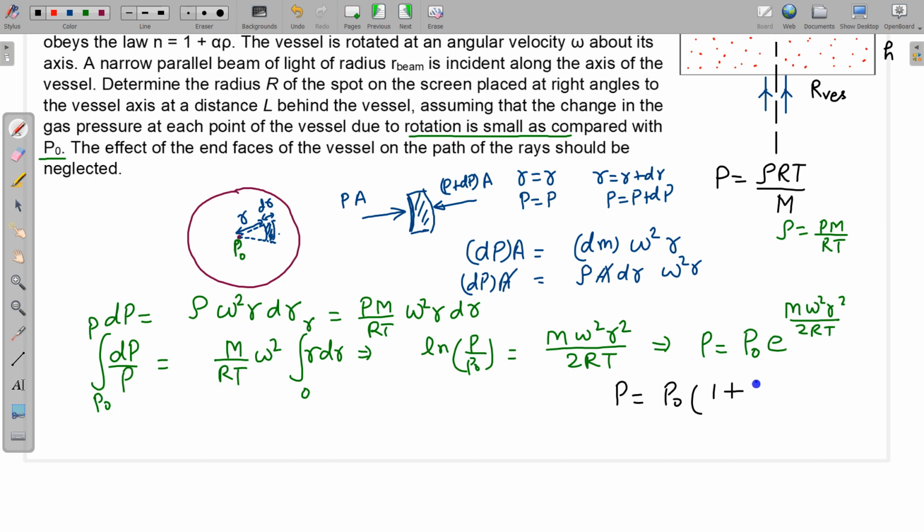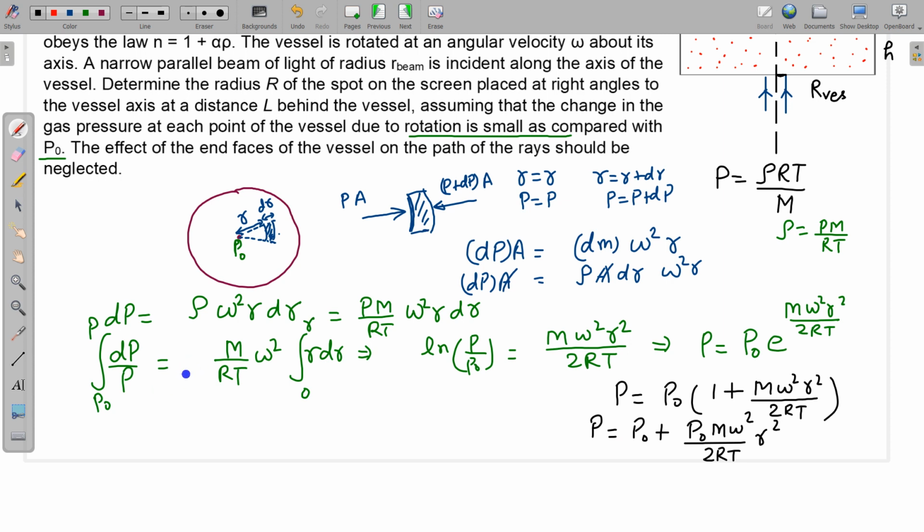So I can write it till the first term, and this small r is again very small, because the beam radius is very small. So I am neglecting all other terms. So P is equal to P naught plus P naught M omega square by 2RT into r square. So I get pressure as a function of r.